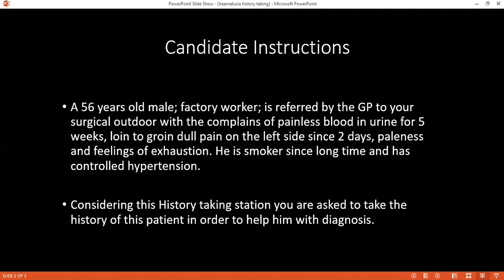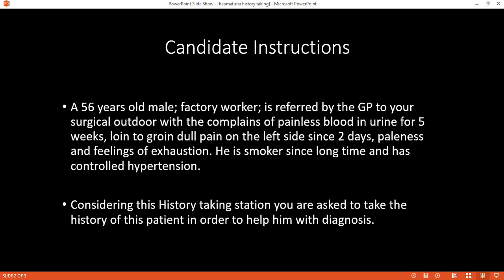Do you have a fever associated with this pain and hematuria? No, there is no fever. Okay. How's your appetite? Well, my appetite has been poor. Okay.